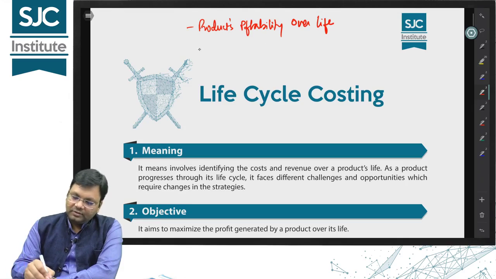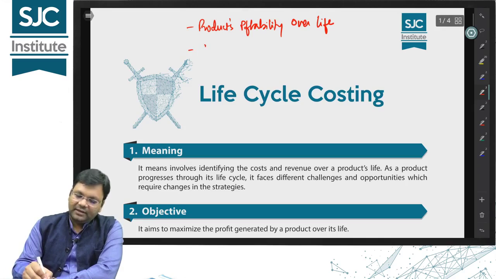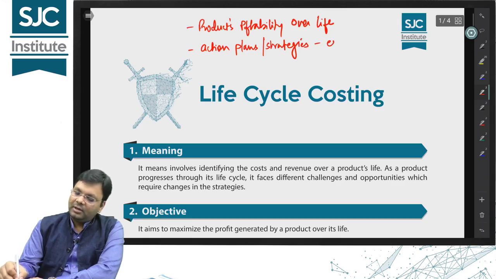It also gives us different action plans, or strategies, that we should prepare in order to enhance profit over the life.